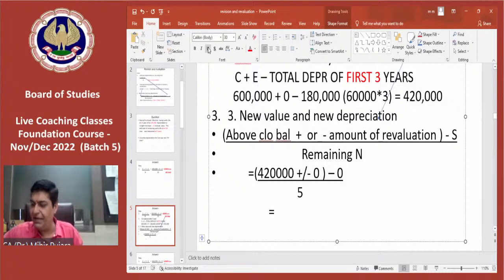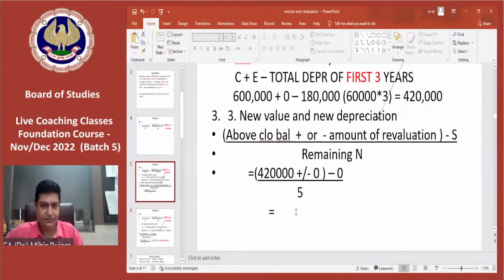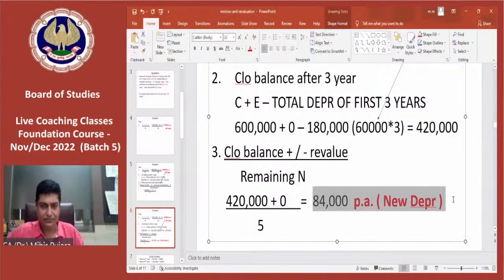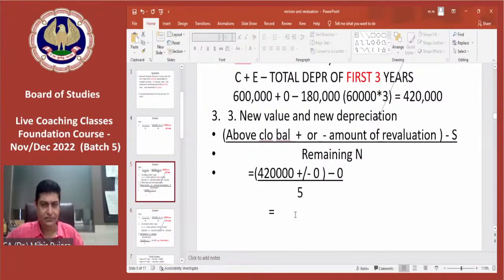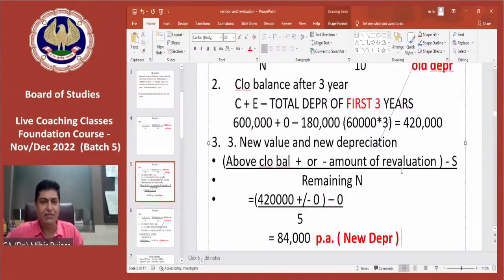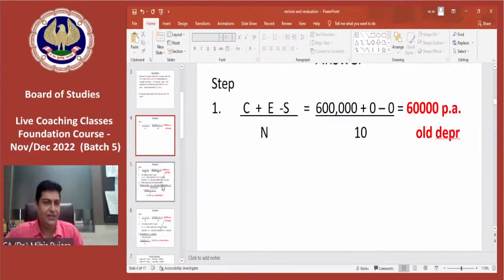What will be the depreciation? Remaining depreciation. What will be the new depre? We are not changing the value. We are only changing the useful life.